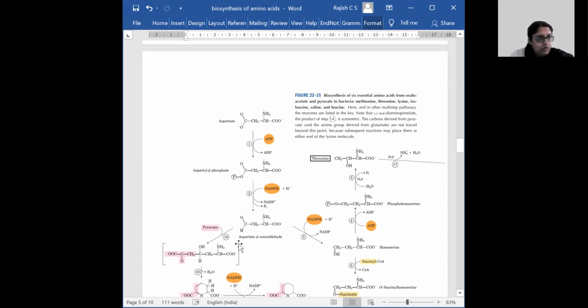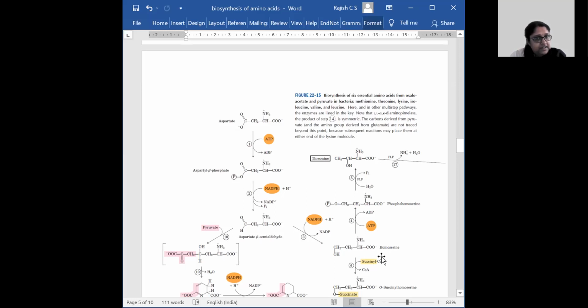So now we have a CHO over here. And once we have this, instead of the OP, now we have a H over here. And so that is the semi-aldehyde form. And once we have the semi-aldehyde, now from here, this could be used for the threonine biosynthesis as well.